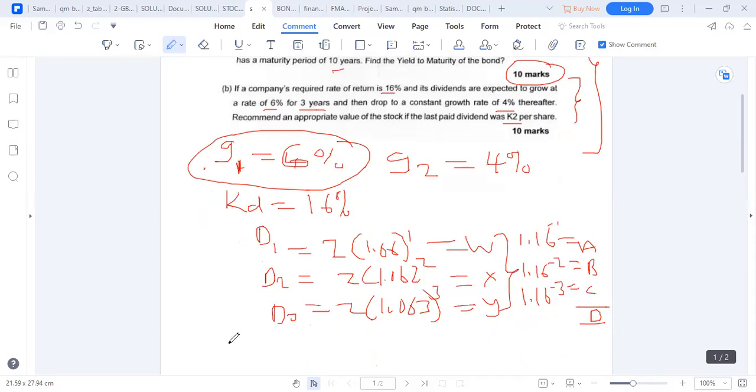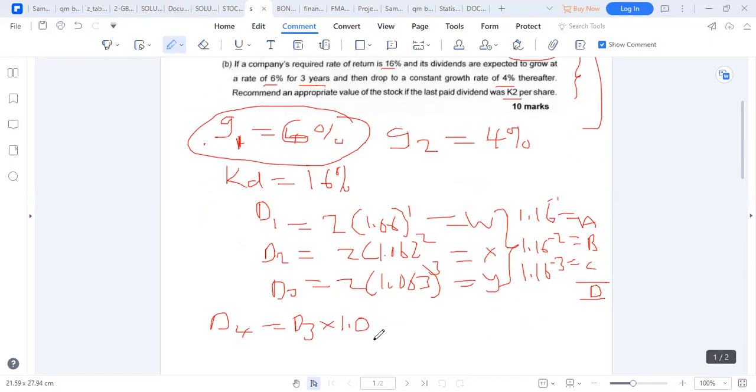Yes. Then how do we find D4? The D3, we multiply by 1 point what? 0.6 or 0.4? 0.4. Good. In our imagination, this is as good as D1. Then K minus G. What is our G that we're using in phase 2 now? 4.